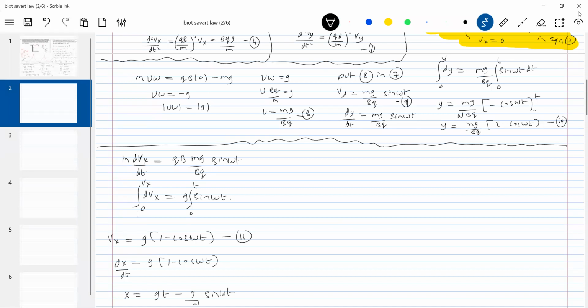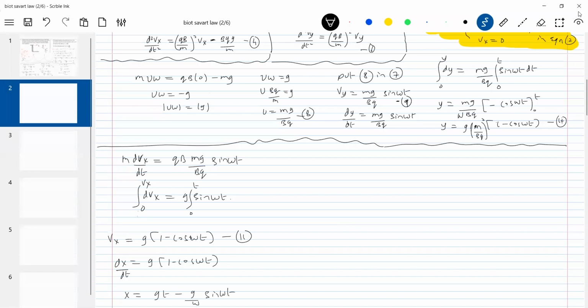Okay, let me come in order. So omega equal to BQ by M. Okay, fine. This will be BQ by M, so the square will come here. G, M by BQ whole square. Is it okay? Correction. Now here also dvx by dt.